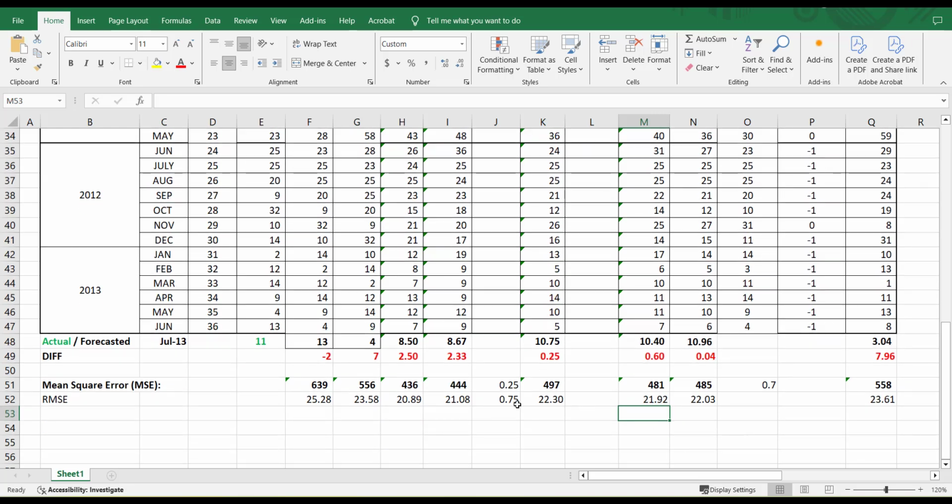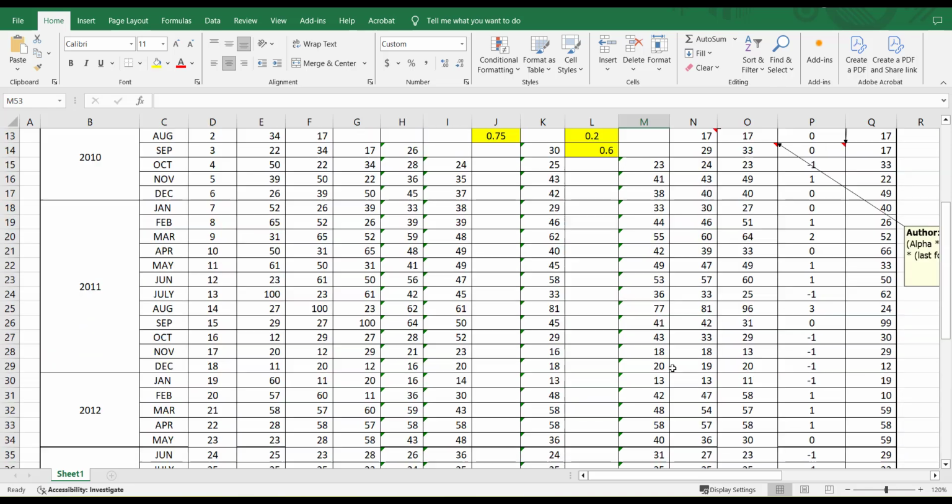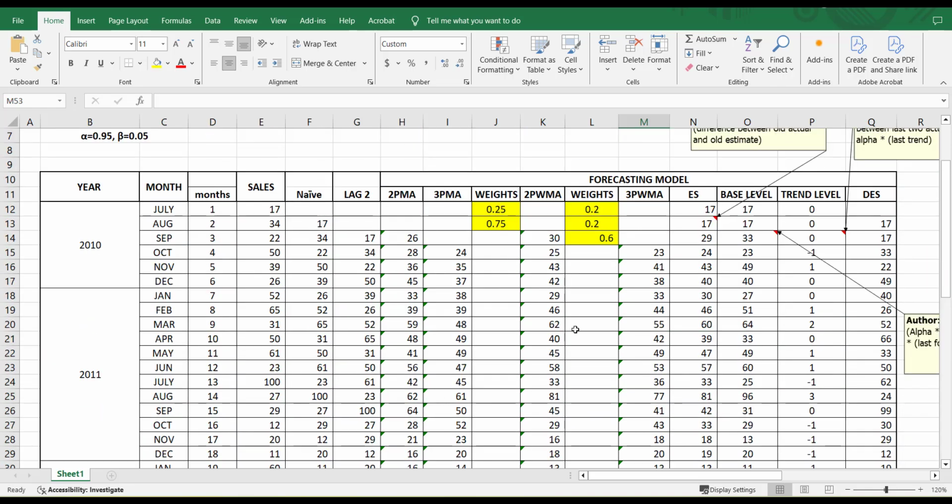You can plot the difference over time, and if the errors are increasing, you can set some upper and lower limits and use them to decide when to revisit and update the weights so that future errors are corrected.